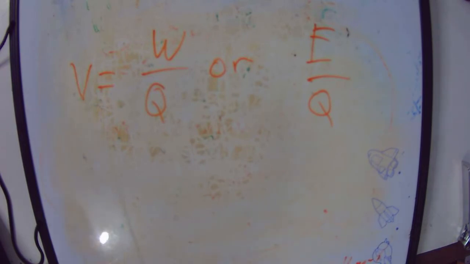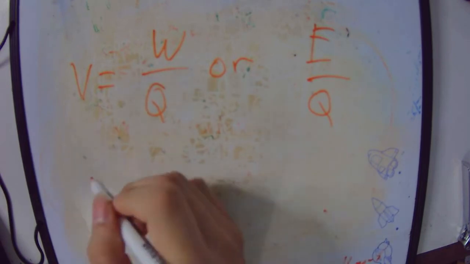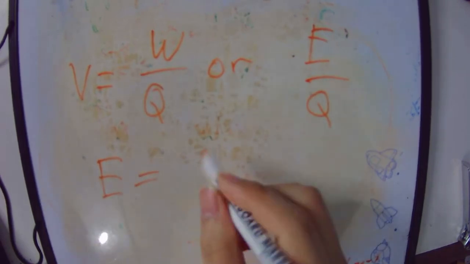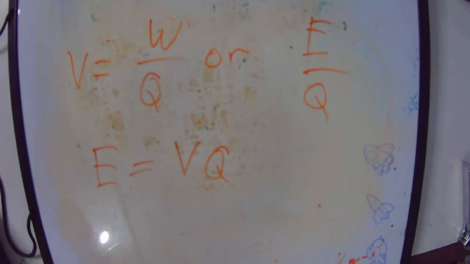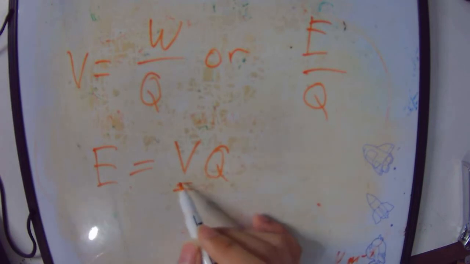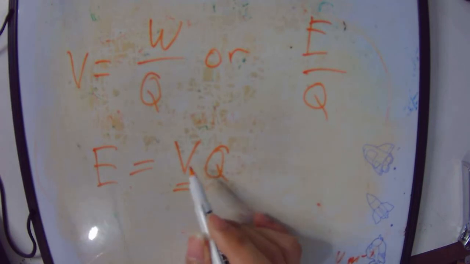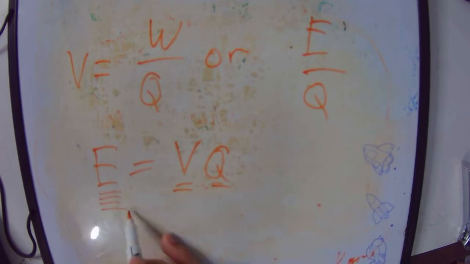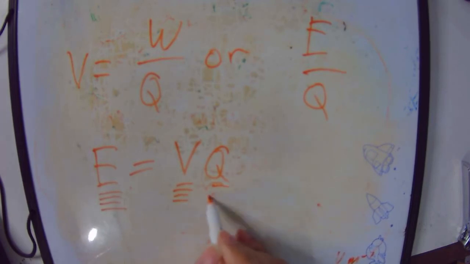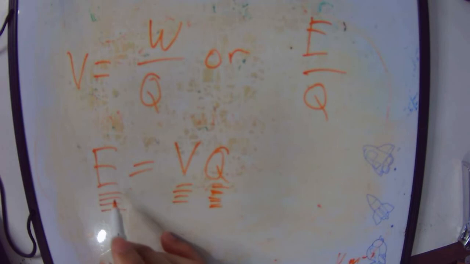Or we could rewrite the equation as E equals VQ, or W equals VQ. So a higher voltage and a higher amount of coulombs will equal a higher amount of energy being produced. Low voltage or a lower number of total charge or coulombs will produce a lower amount of energy.